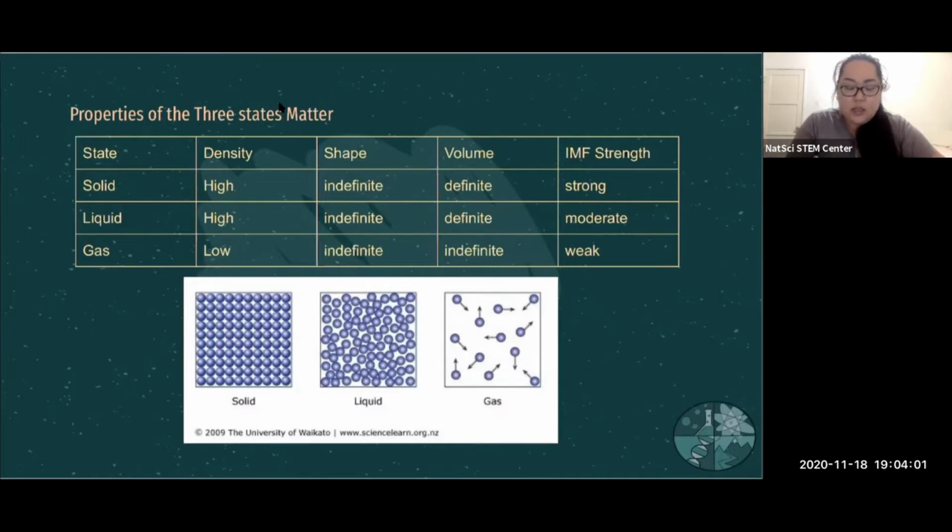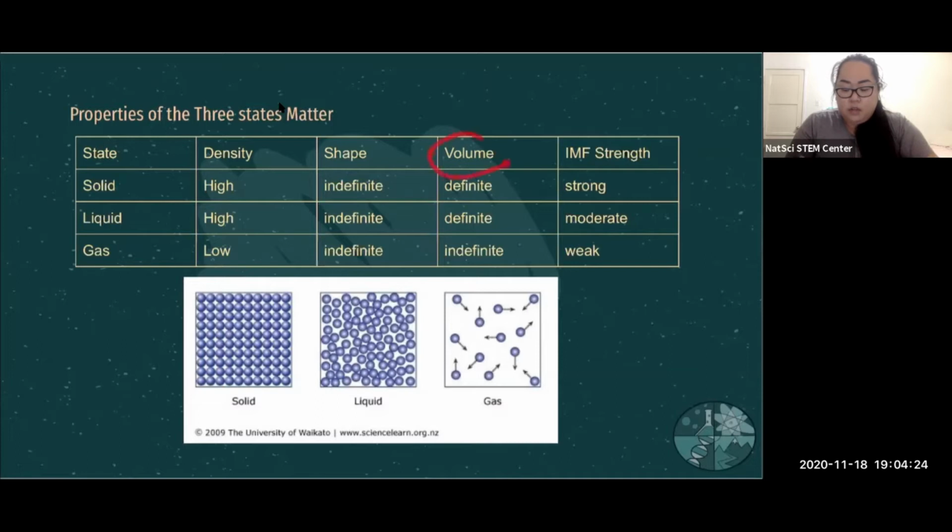You'll have a higher density if it's a solid or a liquid, and a low density when it's a gas. Shapes are indefinite. It depends on the solid, like what shape it is, as well as the liquid and the gas. It's indefinite because it can take up the shape of the container itself.